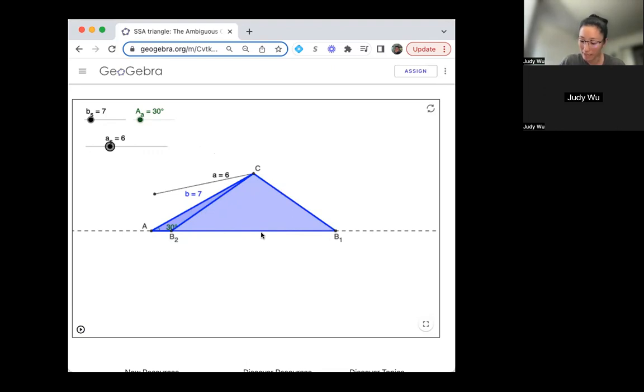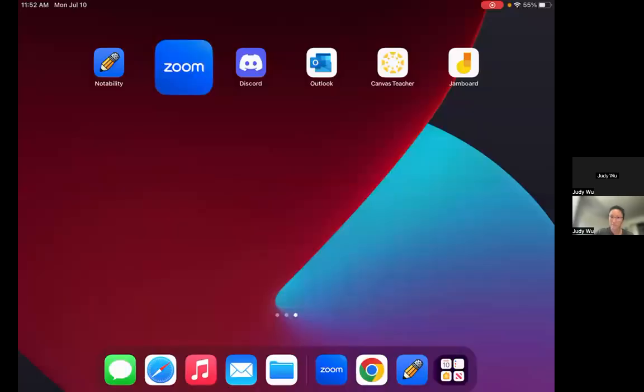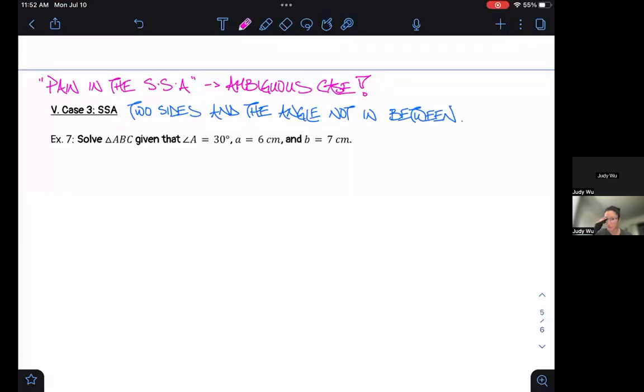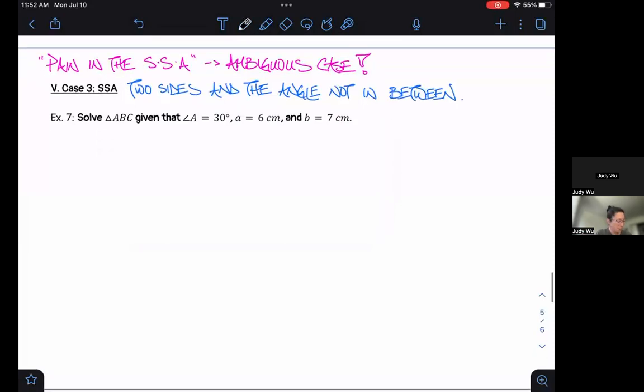And let's take a look at the problem again. All right, I'm going to stop this share, reshare the other one. All right. So now that we've taken a look at that moving applet, I'm going to draw what I think those two sort of look like. Okay.